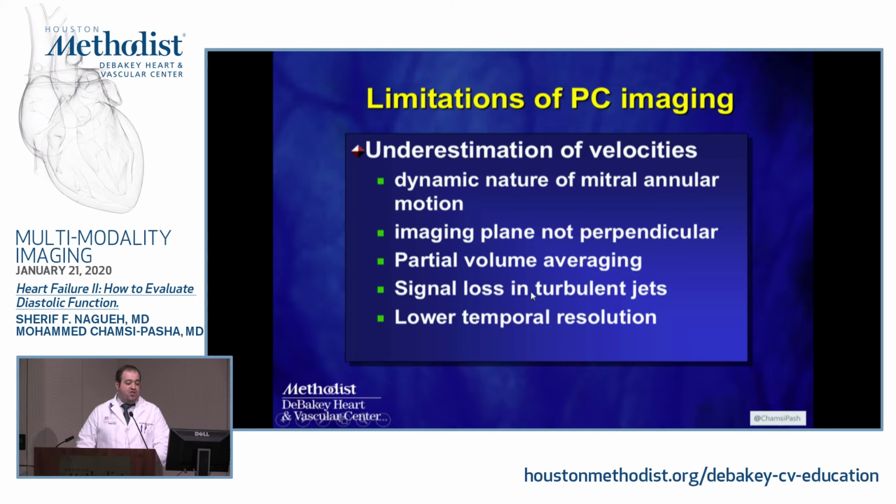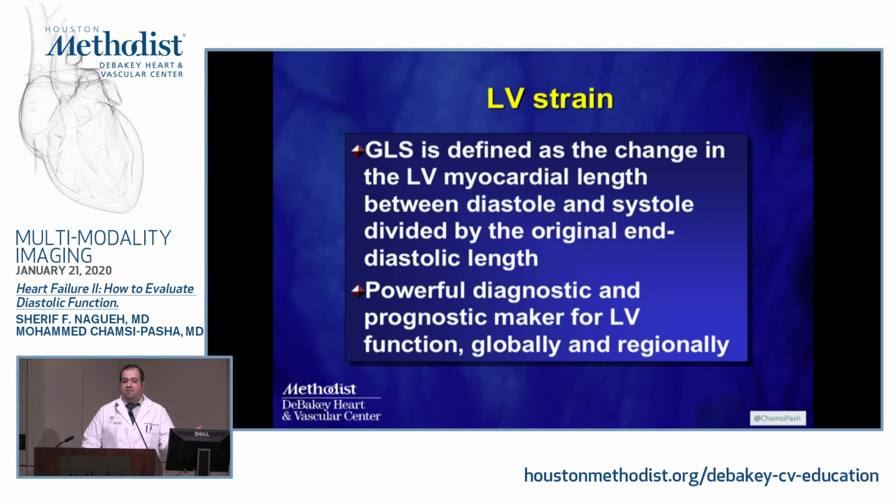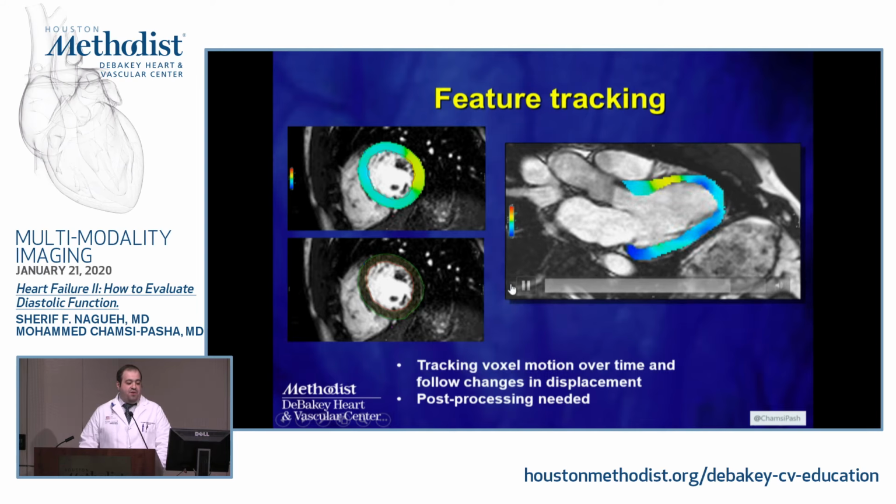Now, LV strain. As we know, the definition of strain is the change in length after being subjected to pressure. So that's what we call the deformation of the heart. It is the delta change in length between diastole and systole divided by the original end-diastolic length. And we all know from echo, from cardio-oncology, and from other literature in cardiomyopathy that strain adds a strong diagnostic and prognostic marker for LV function.